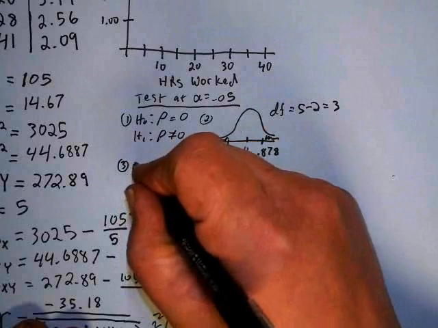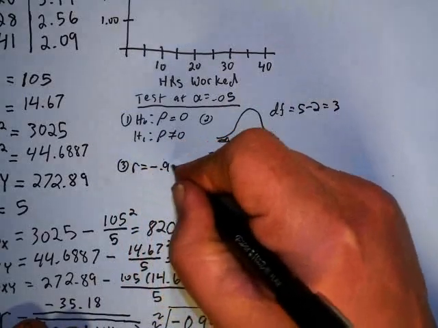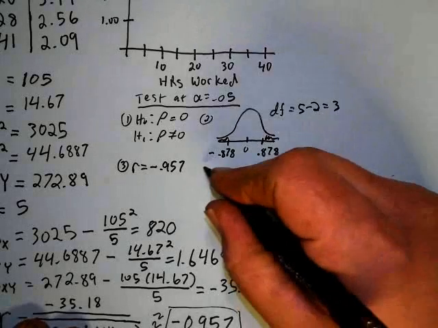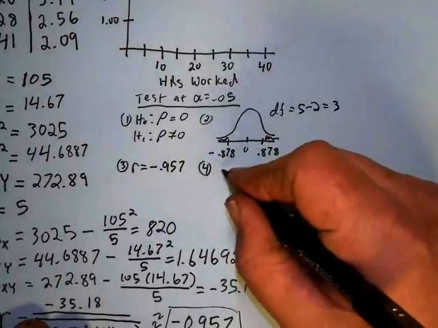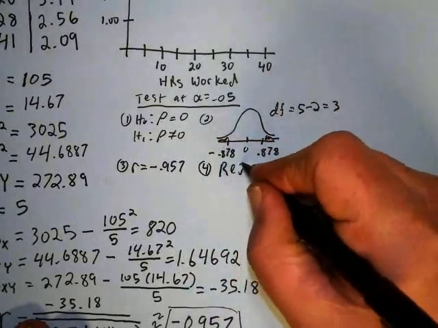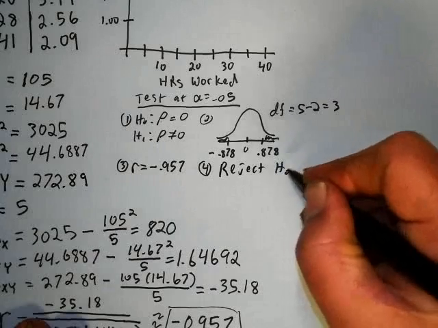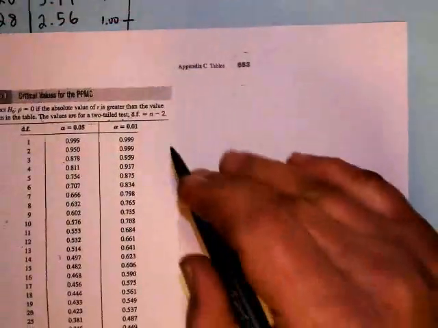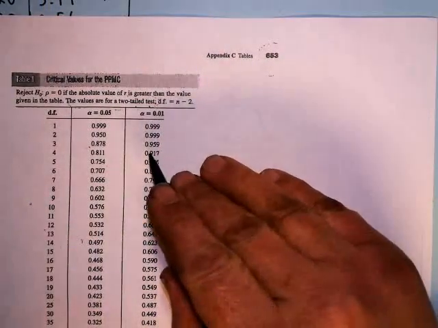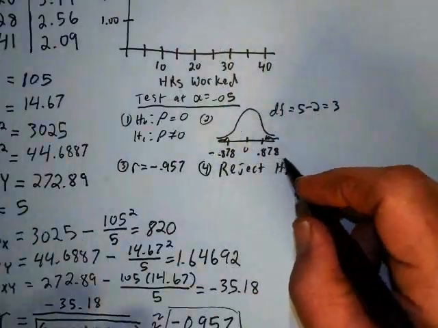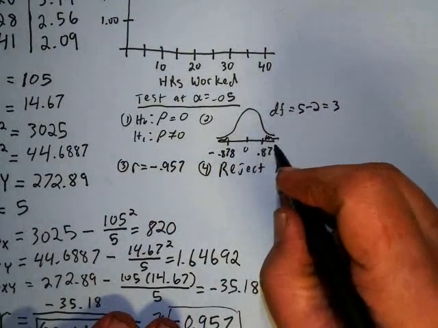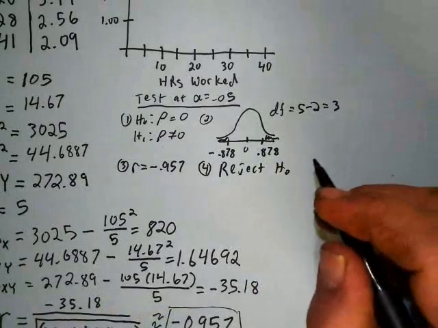So step 3, this is your test statistic, and it's 0.957. And step 4, 0.957 is over here, so you would reject H naught. And this is what I was saying, if it was at the 0.01 significance level, you would have 0.959, and it would be really, really close, but it wouldn't quite be in the rejection region.